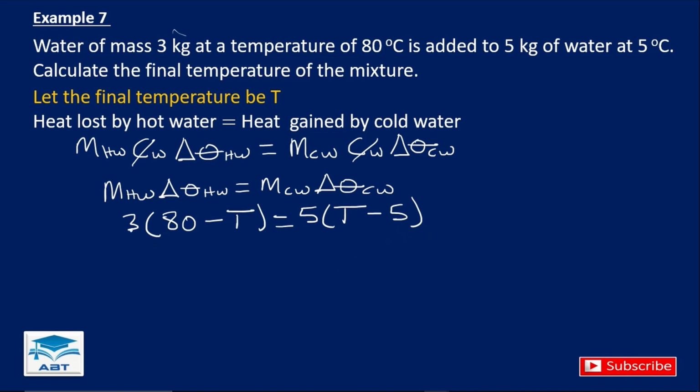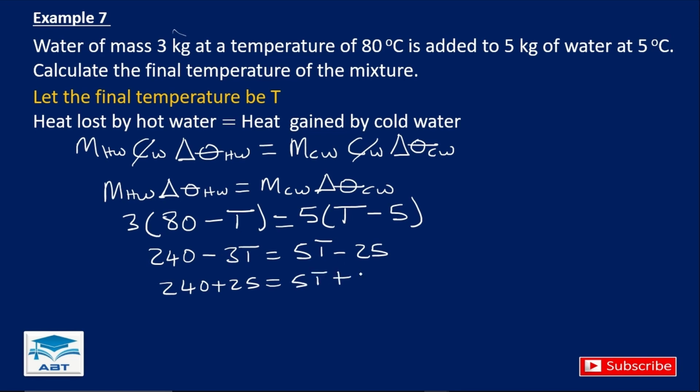We expand. 3 times 80 is 240. 3 times T is 3T. 5 times T, 5T. 5 times 5, 25. We group like terms. Let's bring the 25 to the left hand side to add. We have 5T here. Let's send 3T to the right hand side to add.